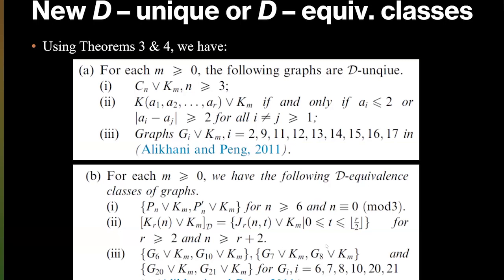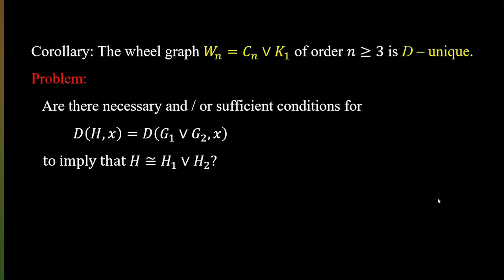Similarly, for D-equivalent classes of graph, we can have new equivalent classes now. Note that the cycle graph Cn join K1 is actually the wheel graph of order n plus 1. Because Cn join Km is D-unique, we immediately conclude that the wheel graph is D-unique.